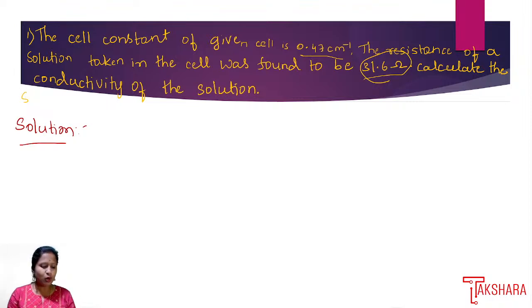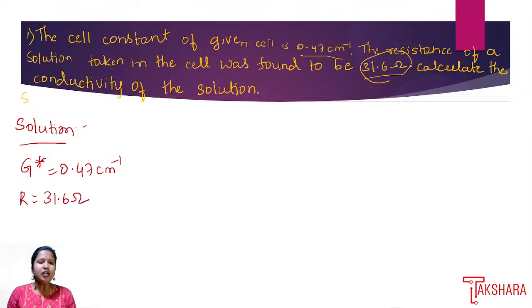But they have given what? Cell constant is given. Cell constant is denoted by the symbol G star, which is equal to 0.47 per centimeter. Then the resistance is given, that is R equals 31.6 ohm.